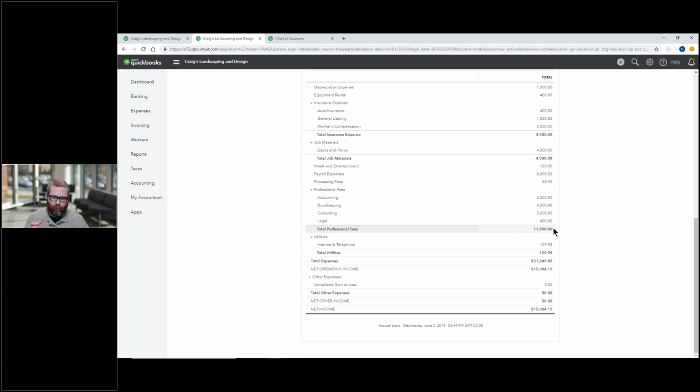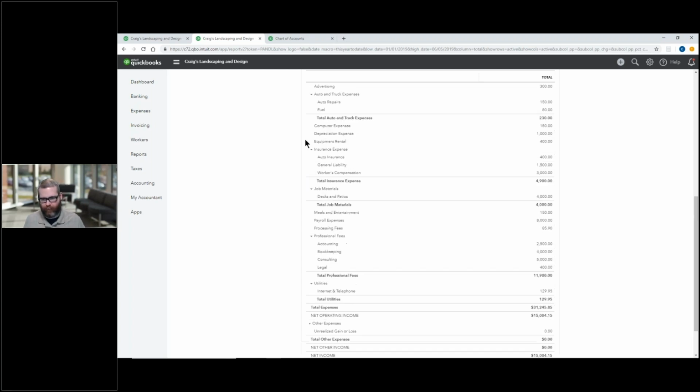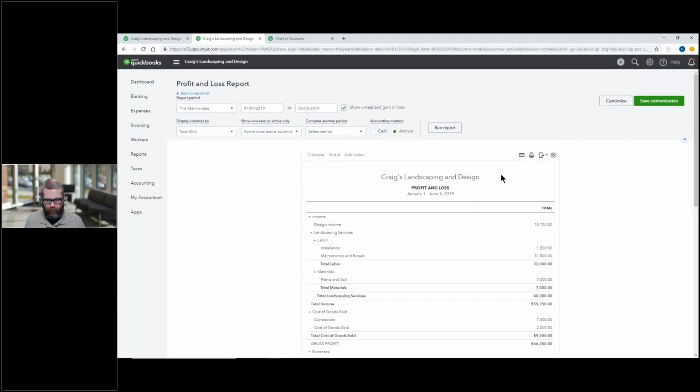Now, whenever you're looking at a financial statement, like the profit and loss report, it's going to be on one of 2 different accounting methods, the accrual method or the cash method. Now, whenever you basically set up your business, you're going to be choosing whether you file under the accrual method or the cash method.